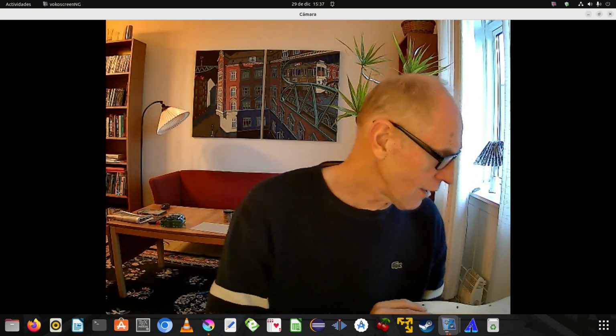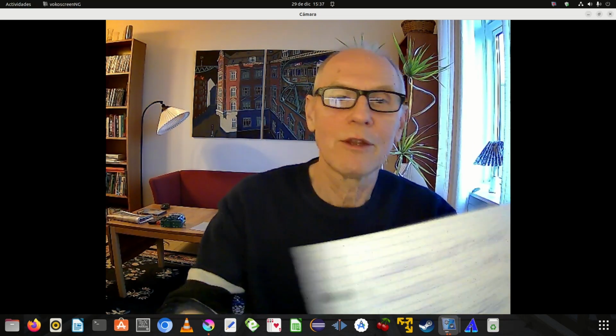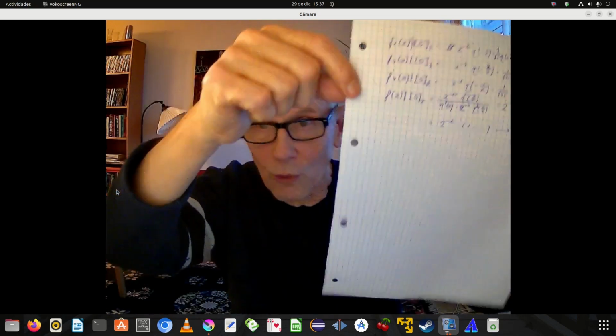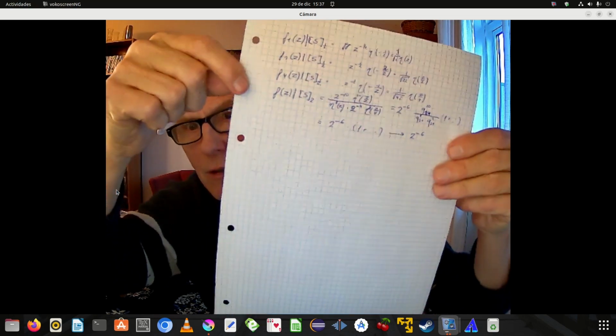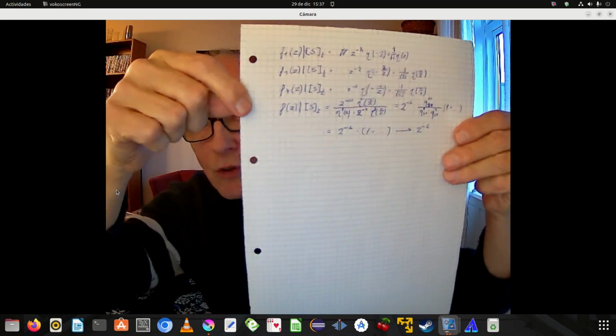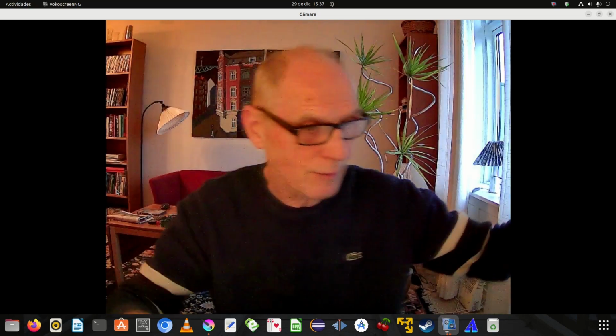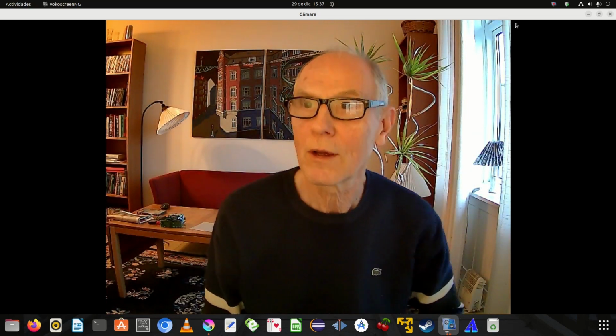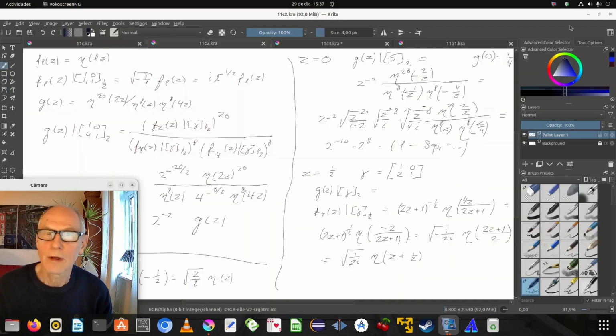And then finally the value at 0, which turned out to be 2 to minus 6. I tried to make a general formula, but it seemed to be the safest way to make each calculation in its own right.